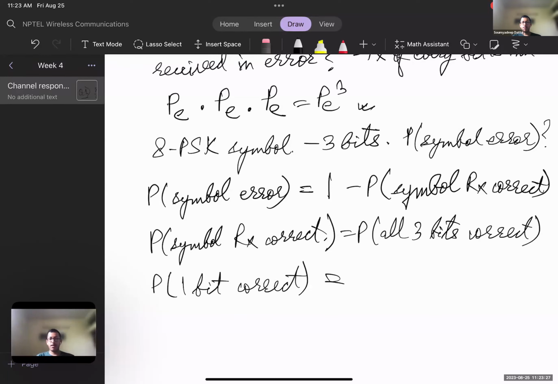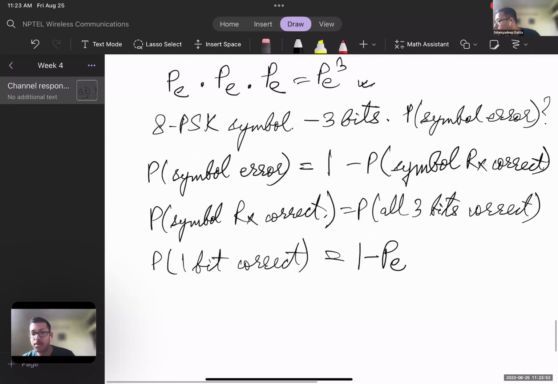Can somebody tell me? This should be simple. It is 1 minus PE. Right? So if the probability of error of a single bit is PE, then being correct is 1 minus PE.